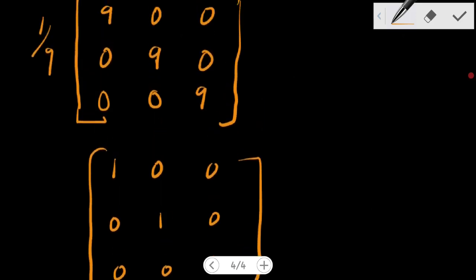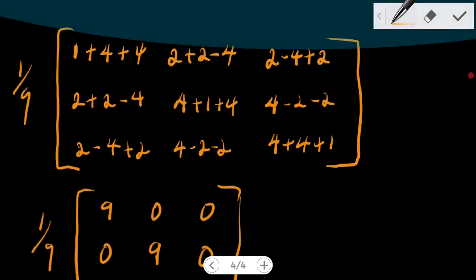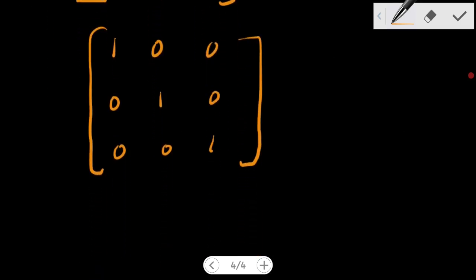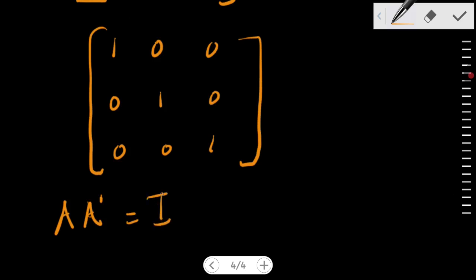And therefore we conclude that our matrix was orthogonal, because after multiplying the original matrix by the transpose, I've got an identity.